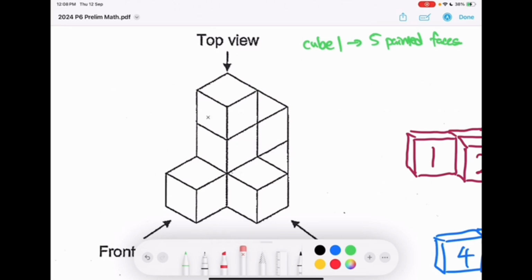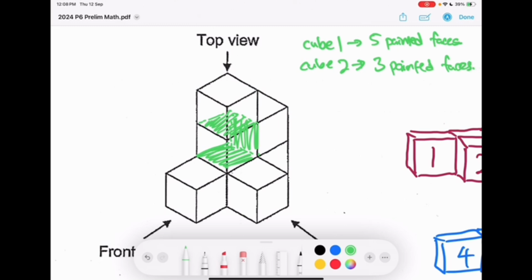If I were to draw the back of it, you notice that definitely the top is covered. This side is covered as well. And lastly, the bottom is covered. For cube 2, if 3 faces are blocked, there are only 3 painted faces. Moving on to the next cube, which is this one over here, which I'm going to call cube 3.